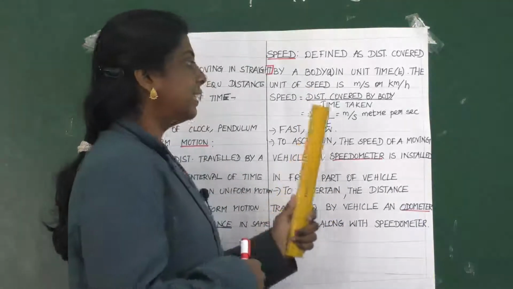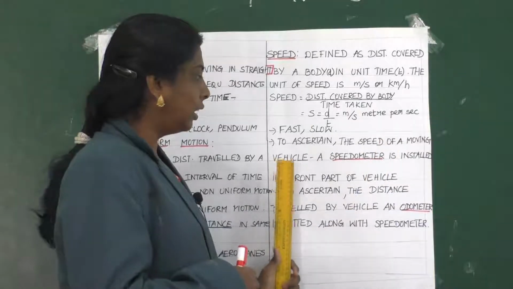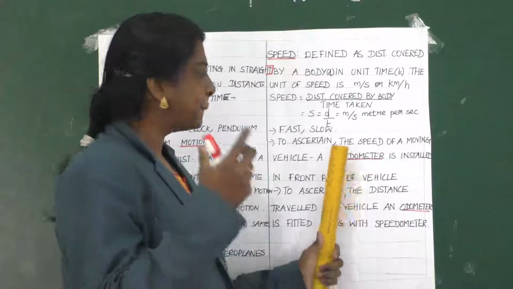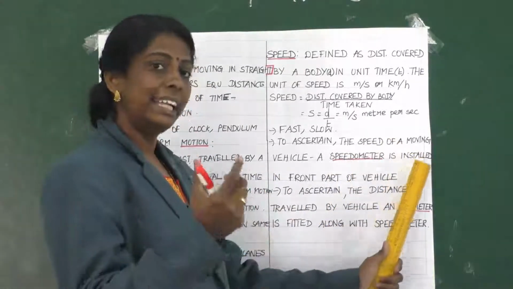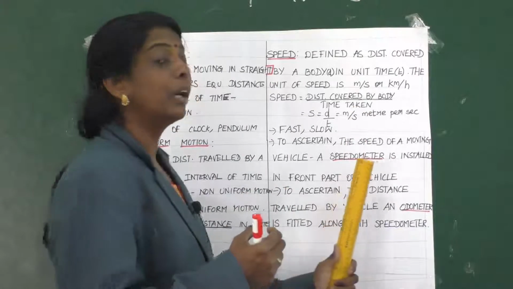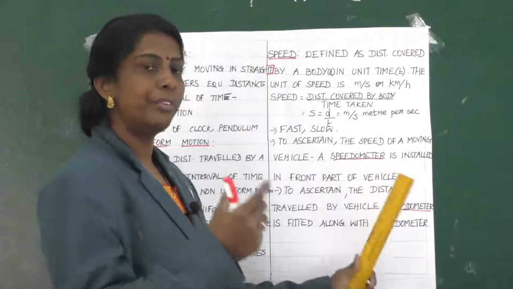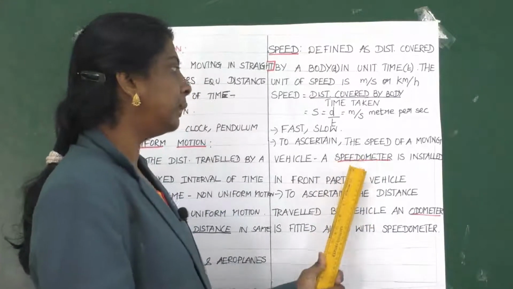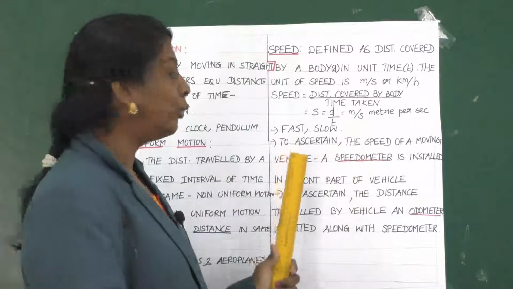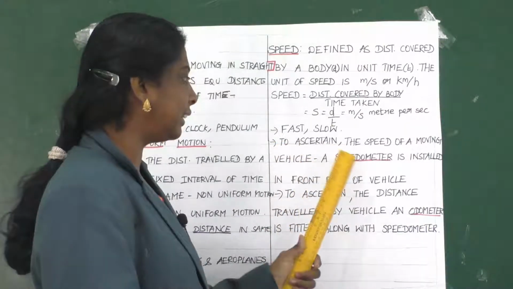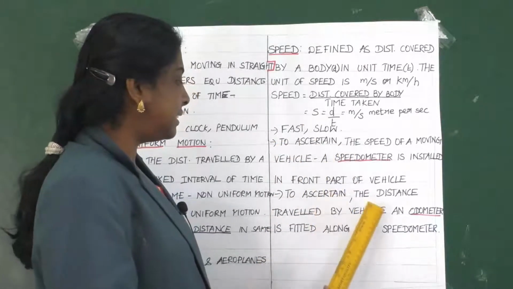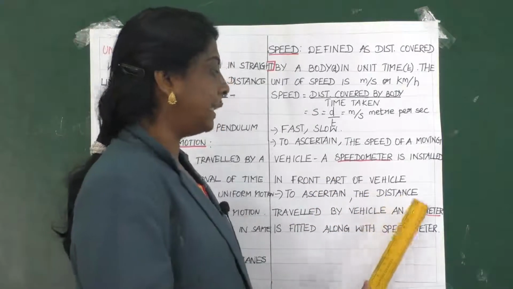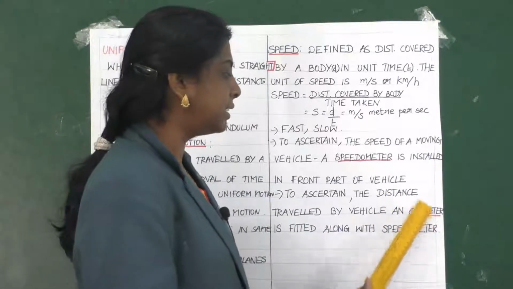Now, to ascertain the speed of a moving vehicle, a speedometer is provided. What is this? This is a device which is installed in the front part of the vehicle. What is that? Speedometer. What is the purpose? To measure the speed of the moving vehicle. Clear, children? Yes. To ascertain the distance traveled by the vehicle, there is the odometer, O-D-O-M-E-T-E-R.